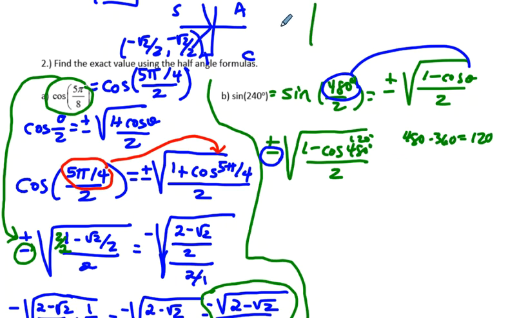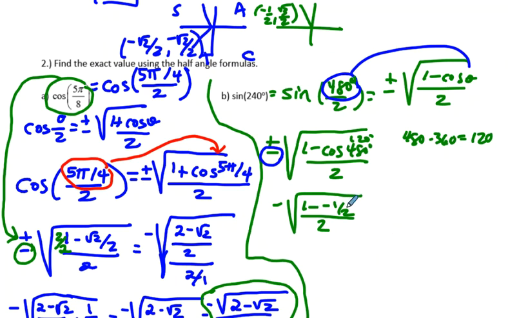Alright, so let's think about the circle. 120 is right here, and my coordinates are negative 1/2, root 3 over 2. So the cosine of 120 degrees is negative 1/2. So I have negative square root of 1 minus negative 1/2 over 2.